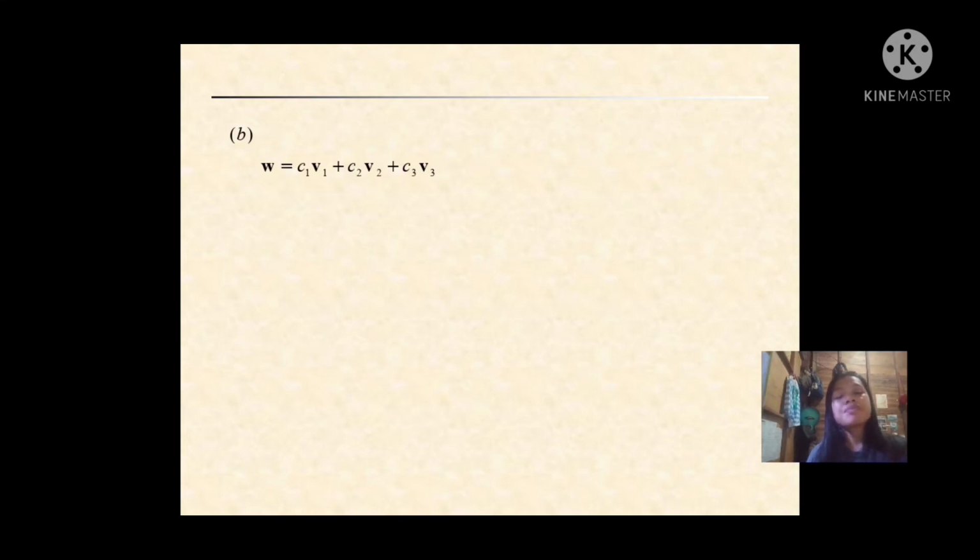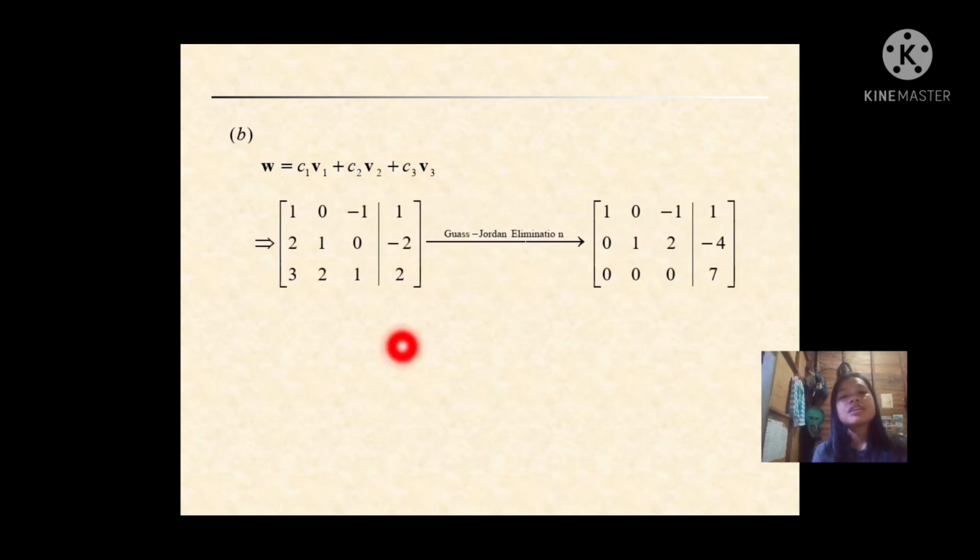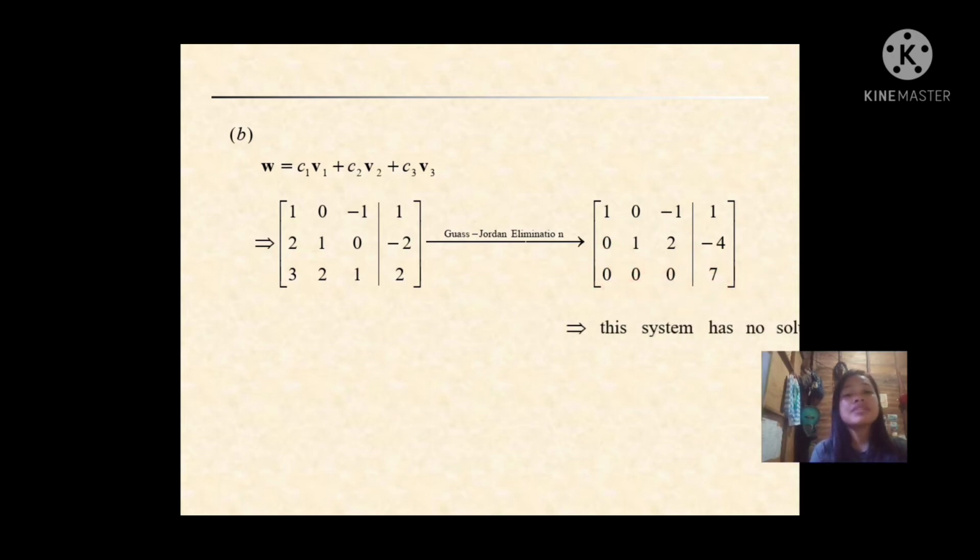For step B, W equal to C sub 1 V sub 1 plus C sub 2 V sub 2 plus C sub 3 V sub 3. And this matrix will result from the Gauss-Jordan elimination: 1, 0, negative 1, 1, 0, 1, 2, negative 4, 0, 0, 0, 7.